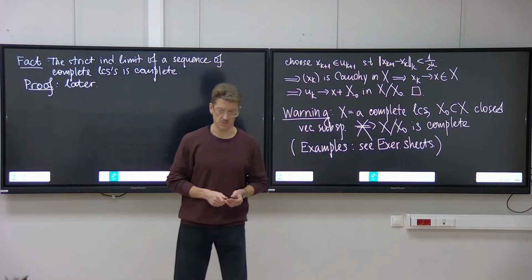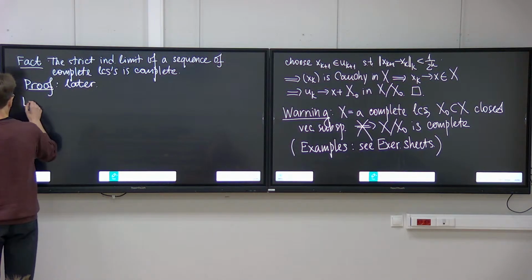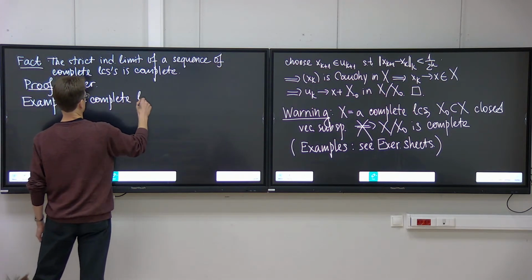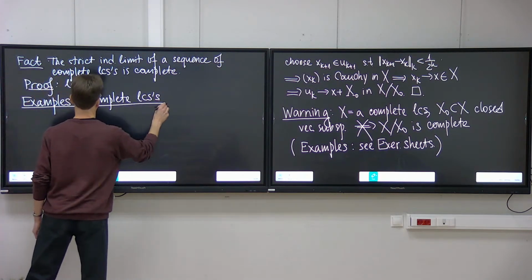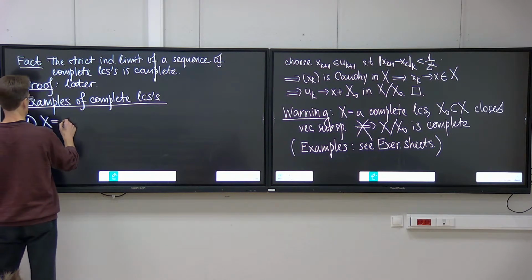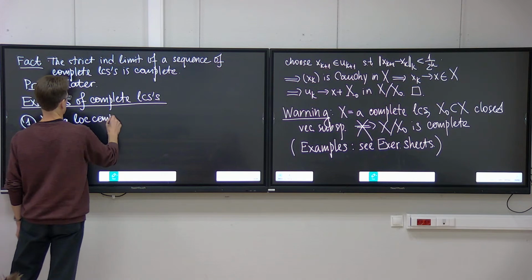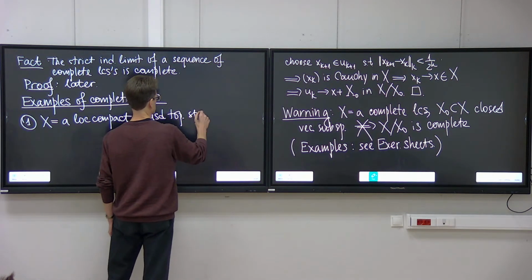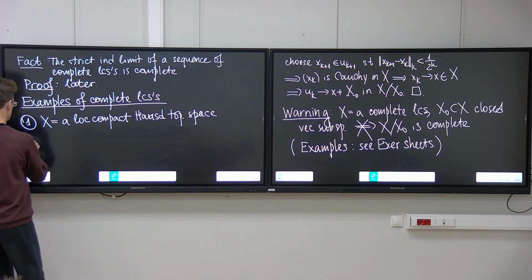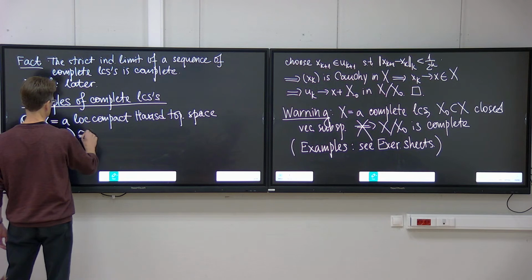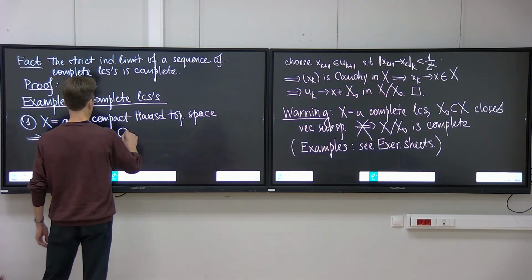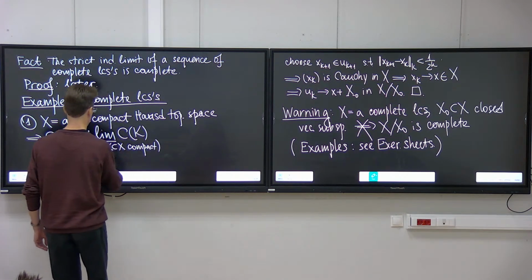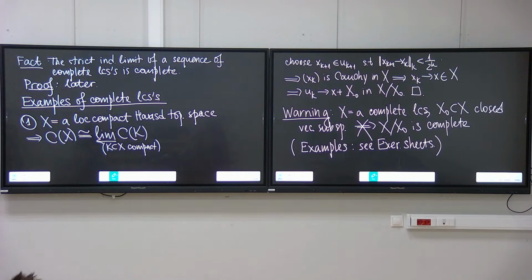Okay, let's now look at some concrete examples of complete locally convex spaces. Example 1: if X is a locally compact Hausdorff topological space, then we know that the space of continuous functions on X is isomorphic to the projective limit of the spaces of continuous functions on compact subsets of X. This was discussed two lectures ago, if I'm not mistaken.